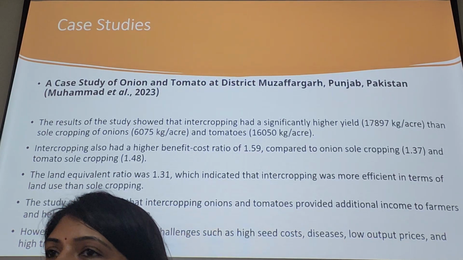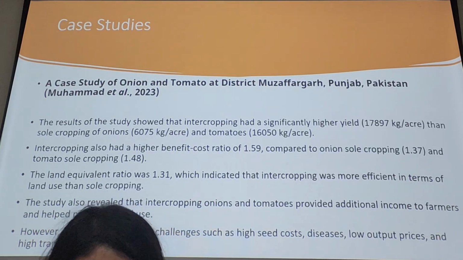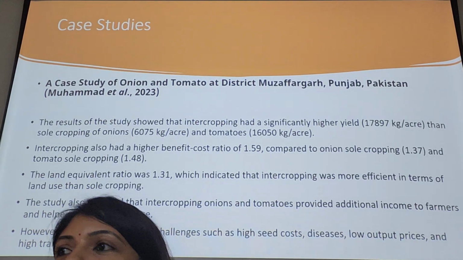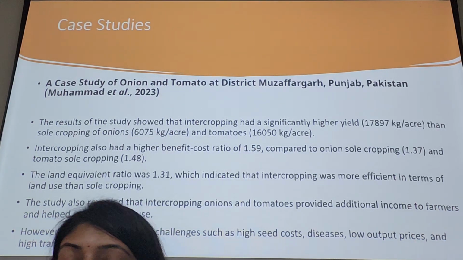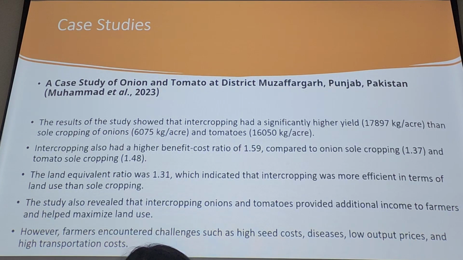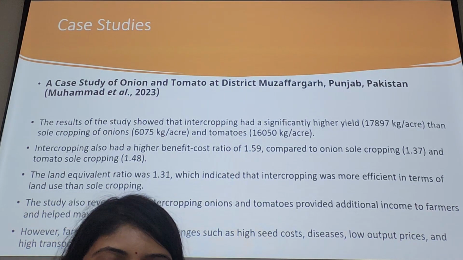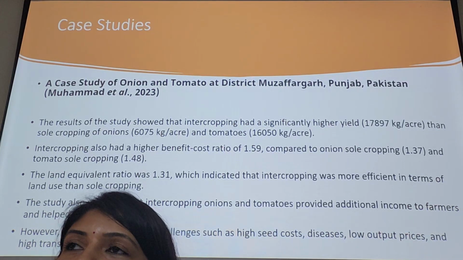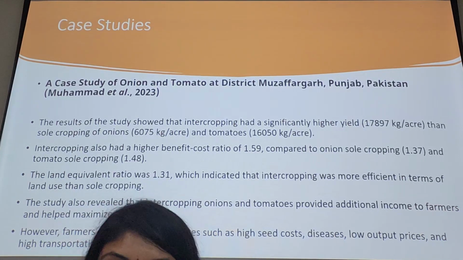That means in terms of cost, it was lower compared to sole cropping or monocropping of both of the crops. And land equivalent ratio, that means the usage of the land or the yield harvested from 1 hectare of land, is actually higher, which is 1.31. So it shows that the intercropping is actually more efficient in terms of land use than sole cropping.